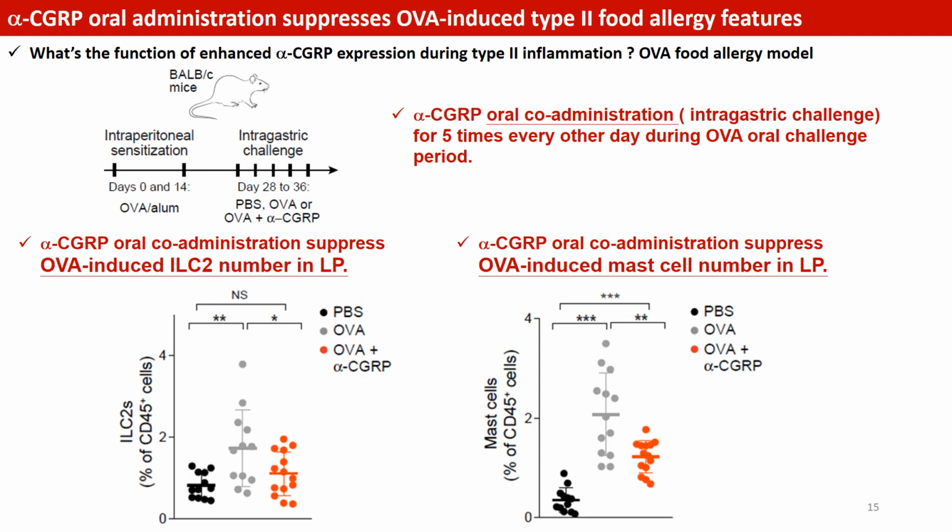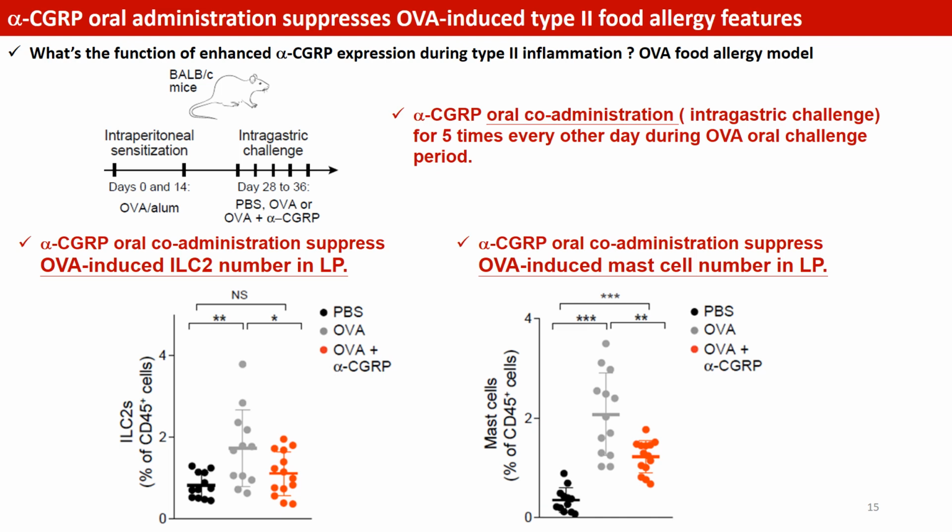To further understand the function of enhanced alpha-CGRP expression during type 2 inflammation, the author goes further to use the OVA food allergy model. This time alpha-CGRP is given by oral gavage, intragastric challenge, rather than intraperitoneal injection.